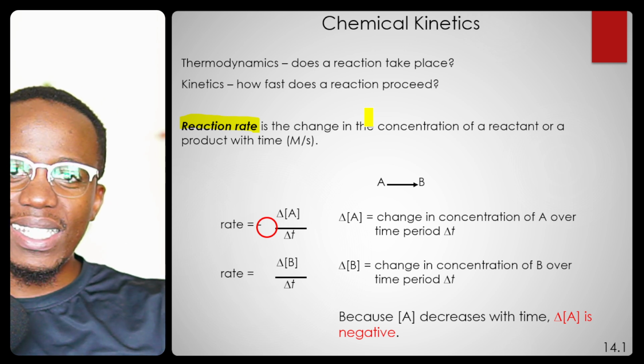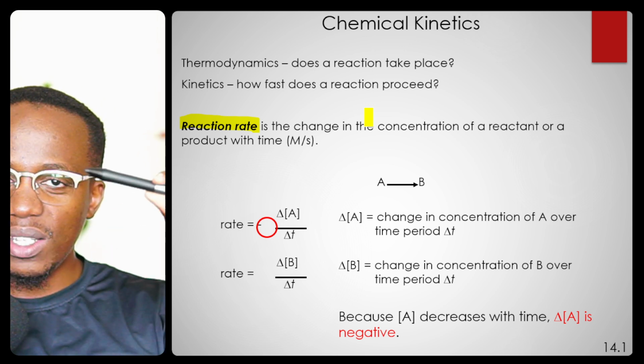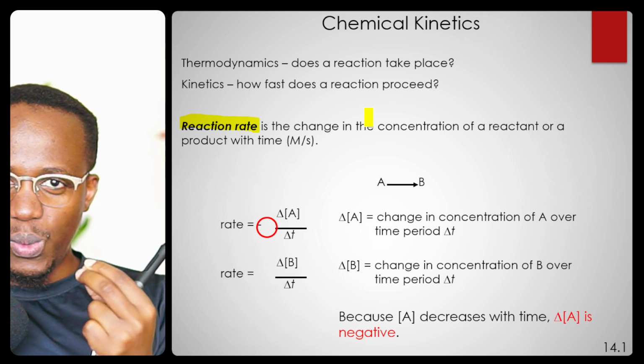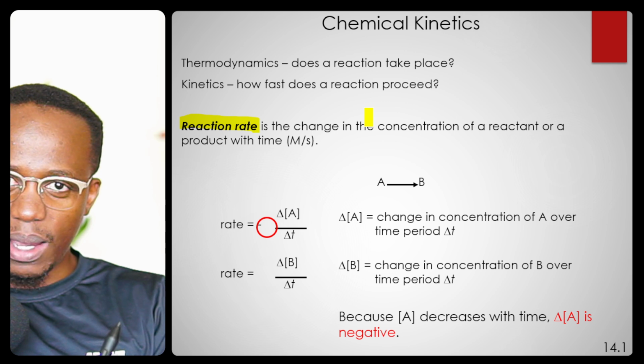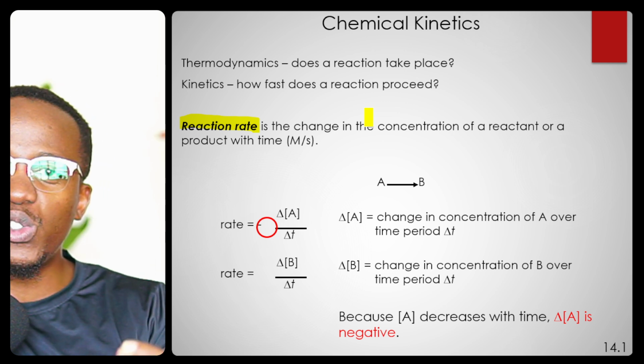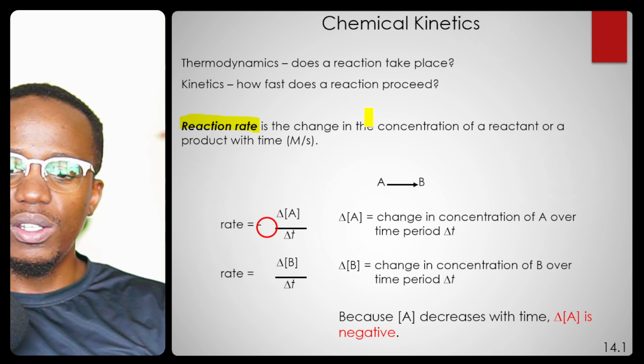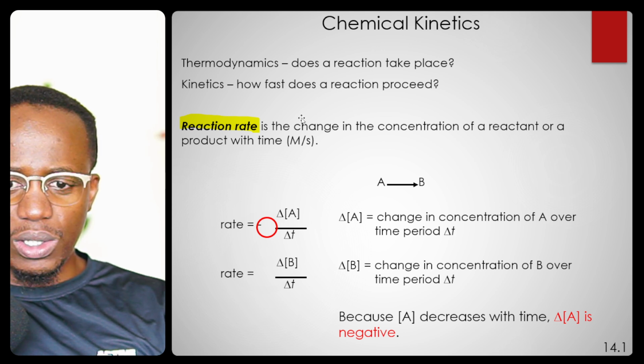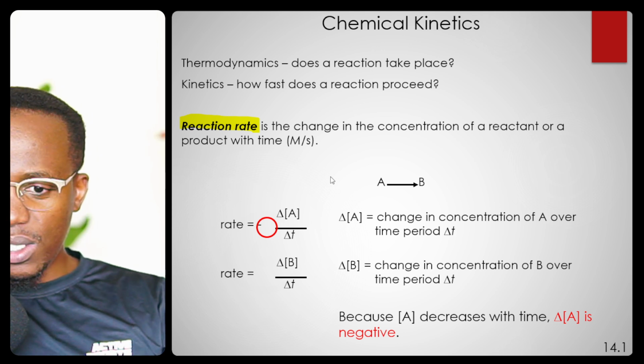That is distance over time. But when we're talking about speed in chemistry, we are going to look at concentration over time, right? So the reaction rate is going to be equal to the change in concentration.